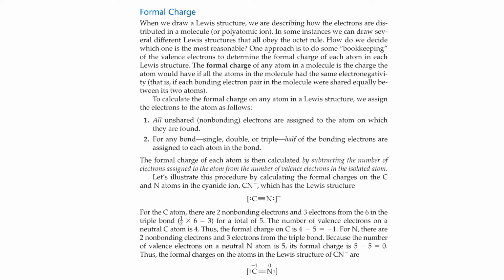Thus, the formal charge on carbon is 4 minus 5, which is negative 1. For nitrogen, there are 2 nonbonding electrons and 3 electrons in the triple bond. Because the number of valence electrons on a neutral atom is 5, its formal charge is 5 minus 5 equals 0. Thus, the formal charges on the atoms in the Lewis structure of cyanide are shown.